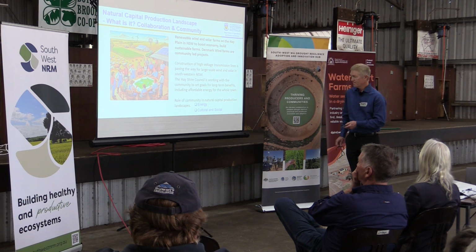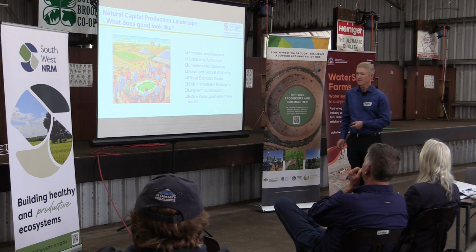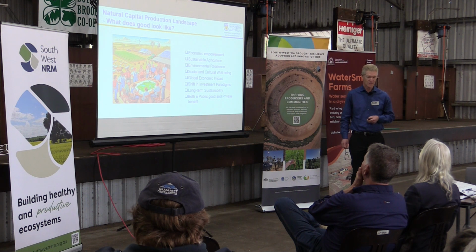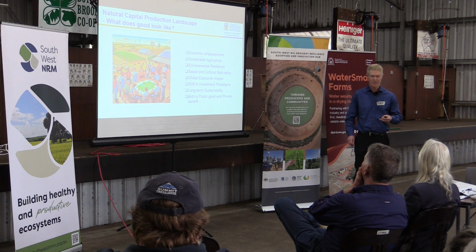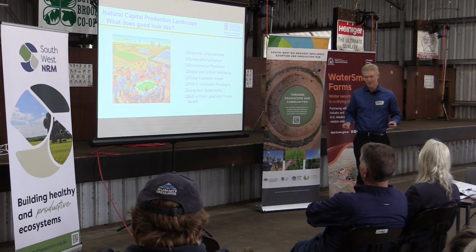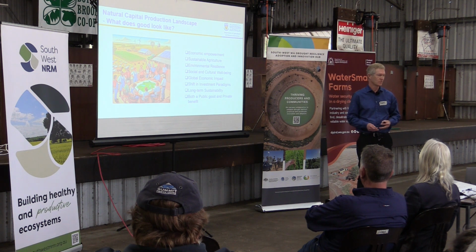So what does good look like? That's the third question I have for you today once we've gone through this: consider what does good look like with the natural capital, the ecosystem services, the collaboration potential on a regional scale. What could it look like and how would it suit your group and your area?